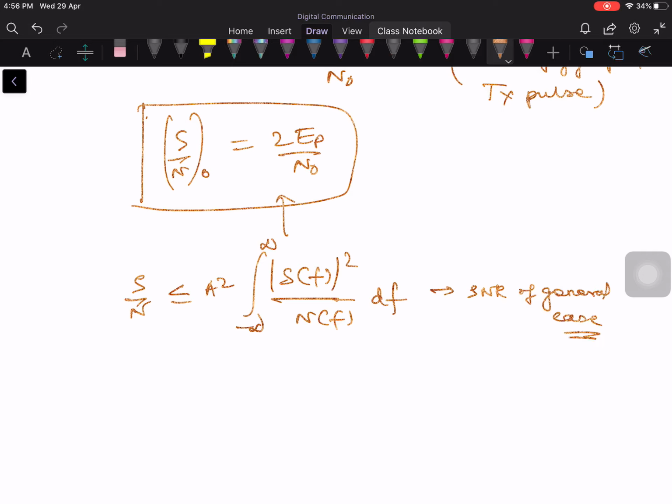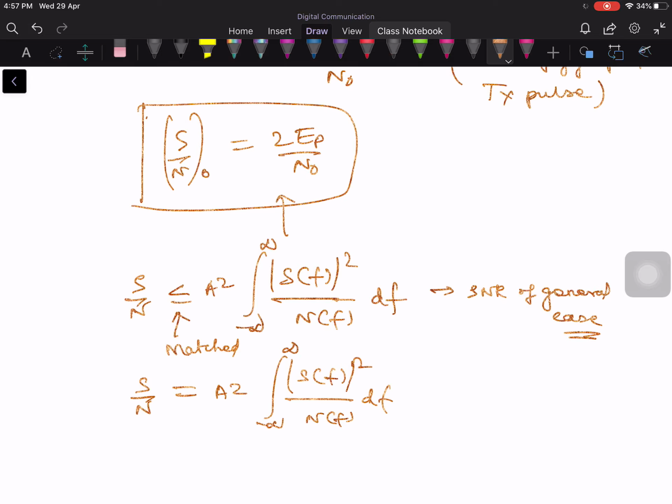Now when the filter is matched, the less than or equal to becomes equal; under the matched condition you can remove it, and the SNR becomes maximum. So A square times the integral of mod S(f) square divided by N(f) df, from minus infinity to plus infinity.